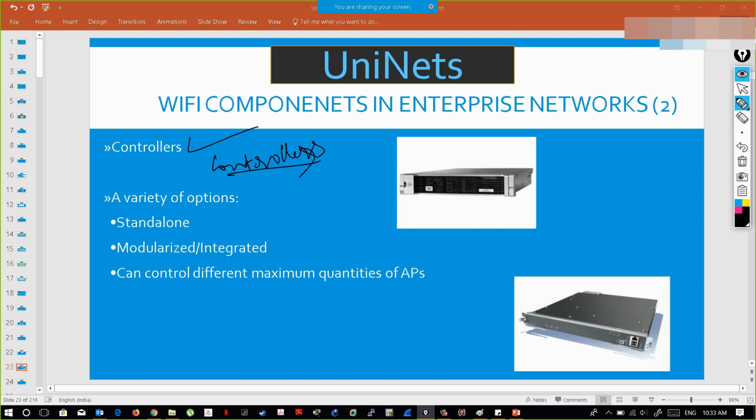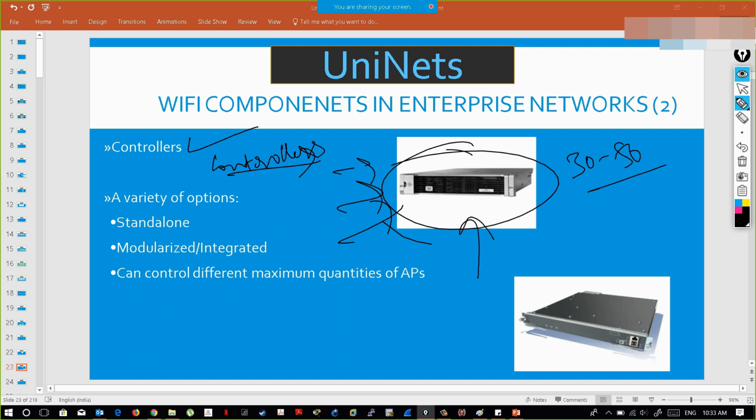If you have around 30 to 50 access points, instead of going to every access point and configuring each directly, you can do it from one centralized device, that is the controller. You can manage them, troubleshoot them, maintain them, and configure them. All this can be done through only one centralized device, that is the controller.